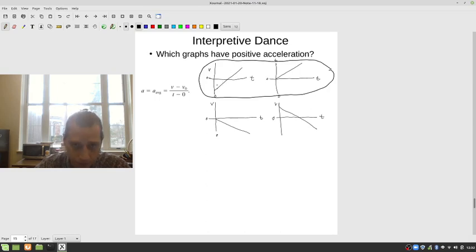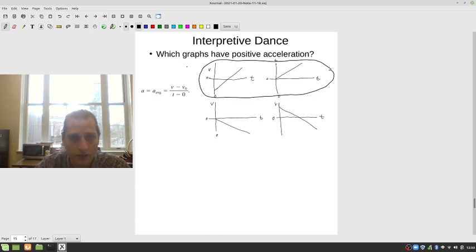However, here you're going backwards but getting slower. So going backwards getting slower also has a positive acceleration. The way that your velocity is changing, it's getting more positive. But that can mean different things depending on the situation.